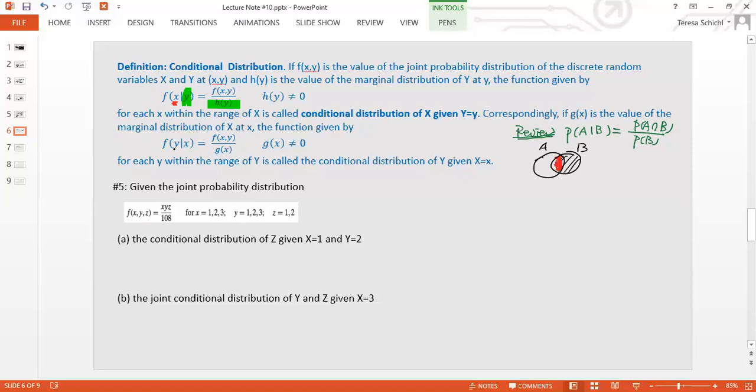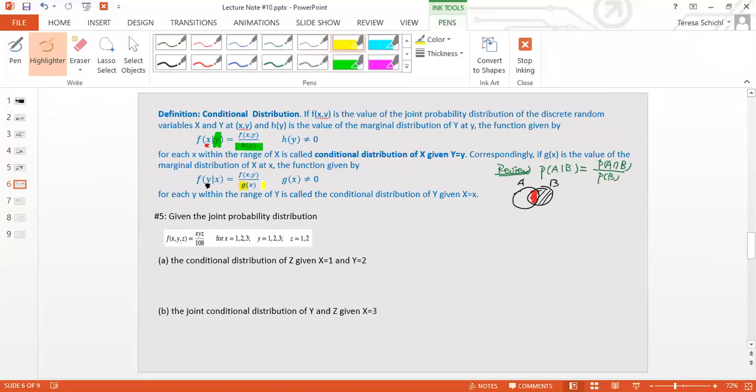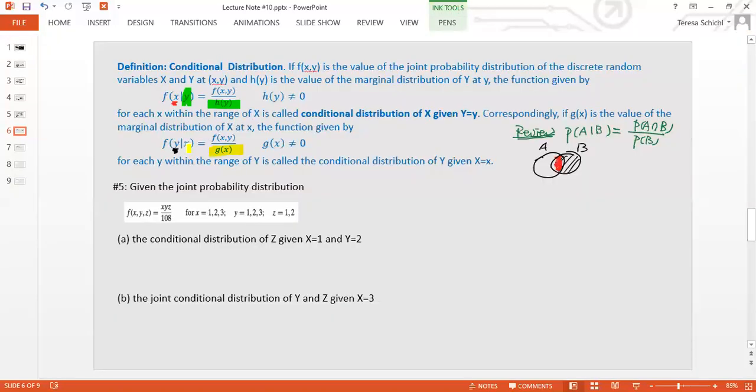The same thing applies if you want to find the conditional distribution of Y given X: you put g of x on the bottom as your condition, and then the top is the joint distribution f of x and y, correct?